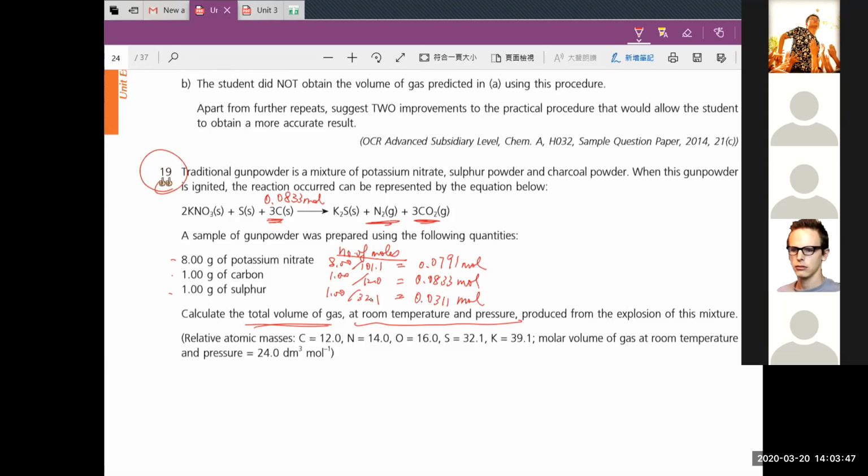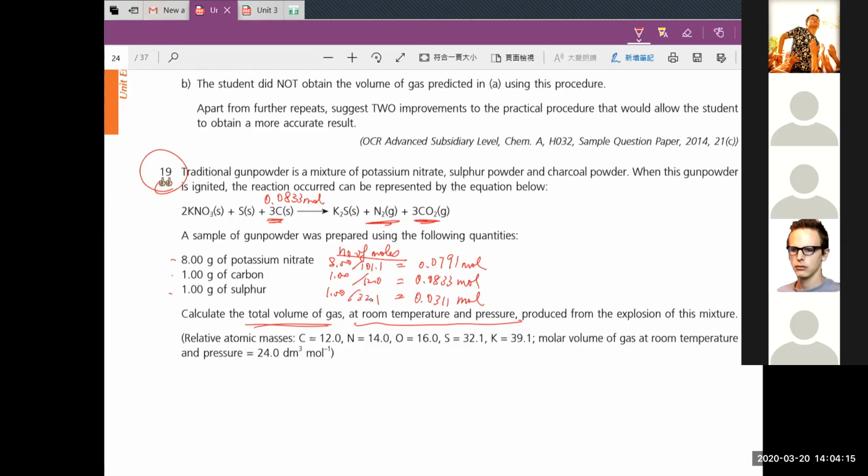Now, if you compare carbon and sulfur, you know the 3:1 mole ratio divided by 3 is just 0.02 something, right? So you know that not all sulfur will be reacted. How about KNO3? It also cannot be fully reacted, right?